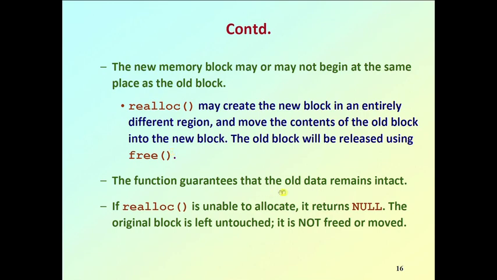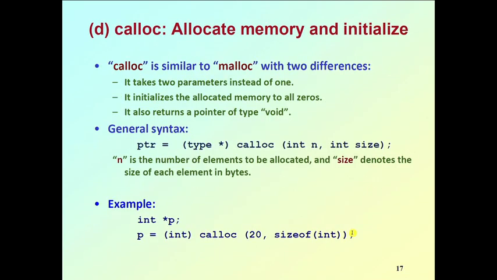The function guarantees that the old data remains intact, that means when it is shifted, the previous data is shifted there too. If realloc is unable to allocate, it returns null, and the original block is left untouched, it is not freed or moved. It is the same as malloc. If realloc does not succeed, the original malloc block will be there.